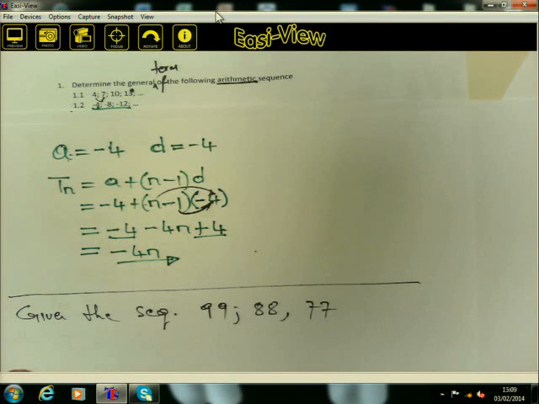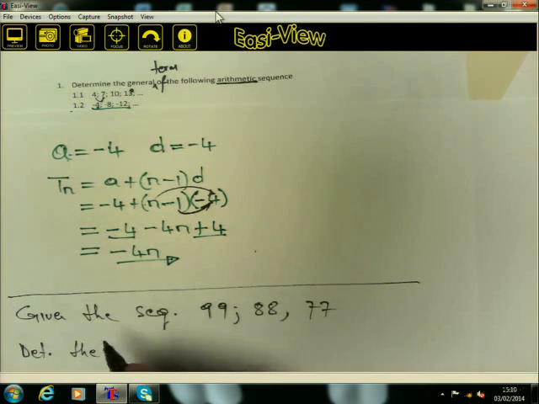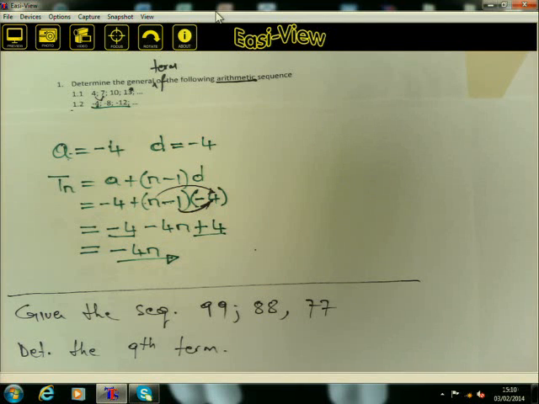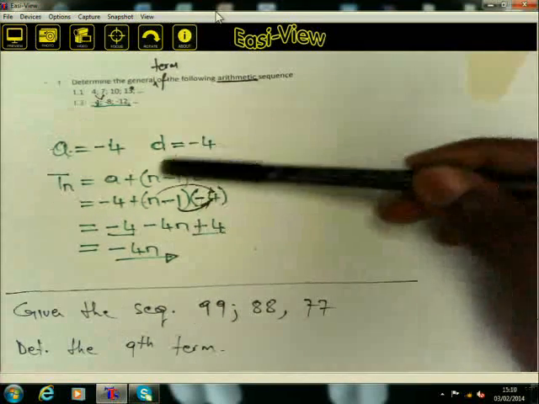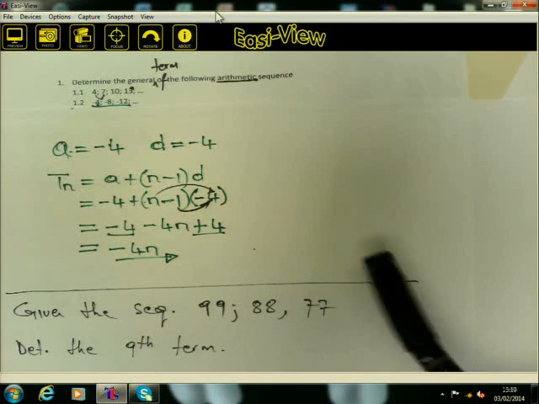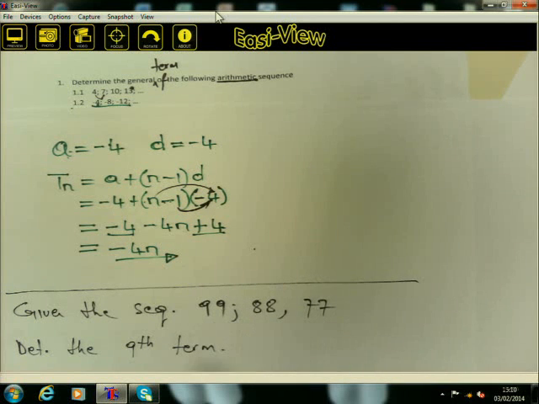And given this type of a sequence, the question will be, determine the ninth term. Determine T9. Determine the ninth term. Simple as that. You follow the same route. Again, you get the general term of this.